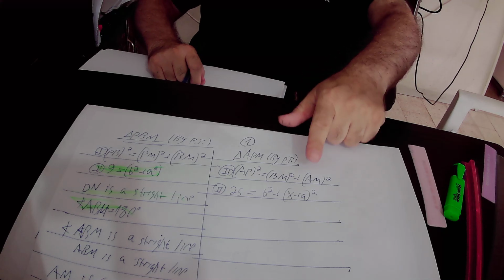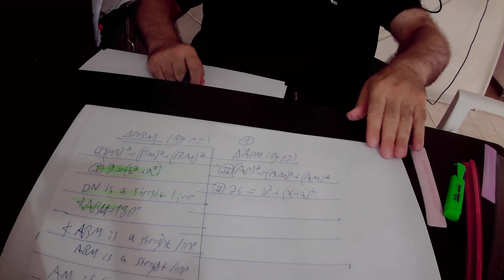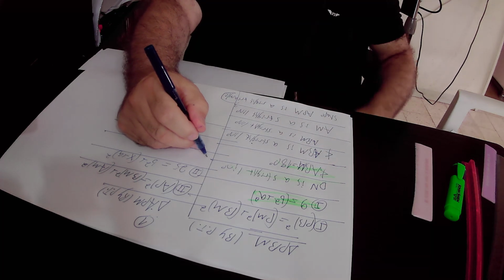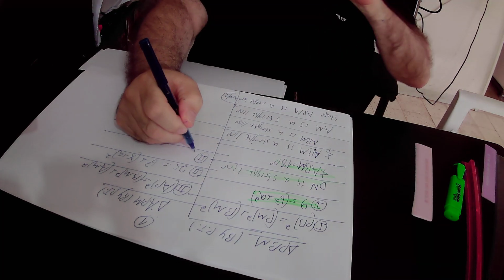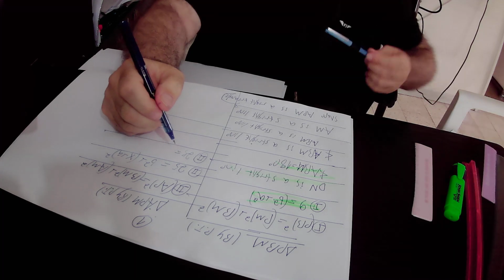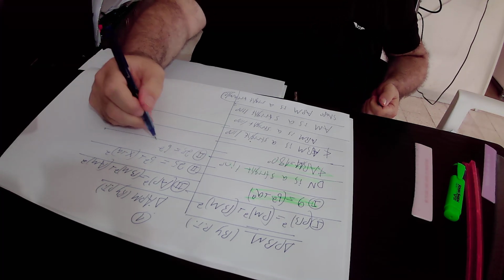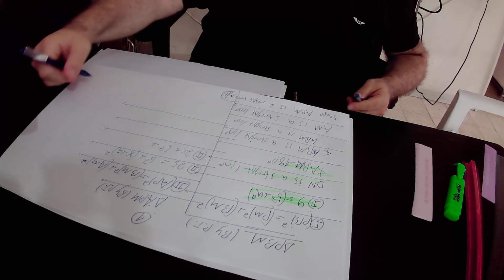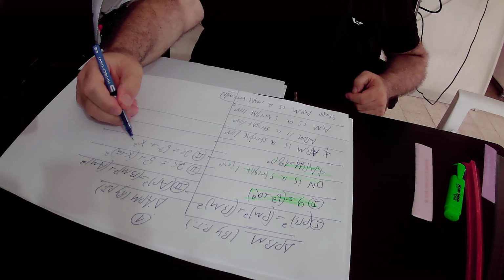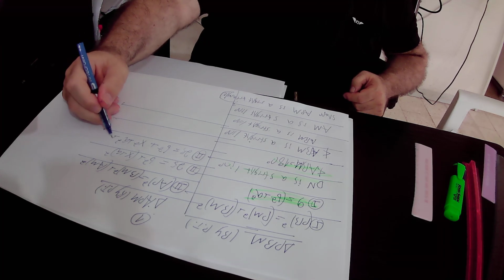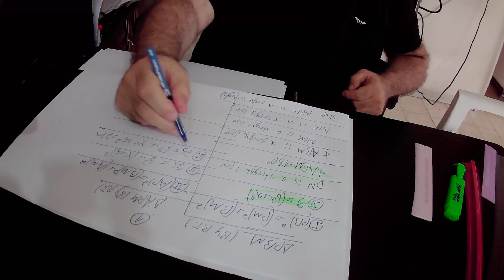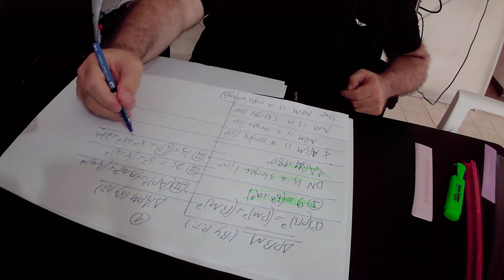Here we'll open the brackets on this side of equation number 2, and we get that according to equation number 2, 25 equals B square plus (x plus A) square. (x plus A) square equals x square plus A square plus 2 times x times A. So here in equation number 2 we have B square plus A square.